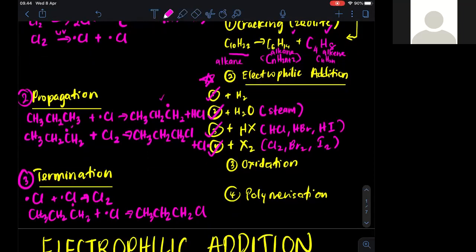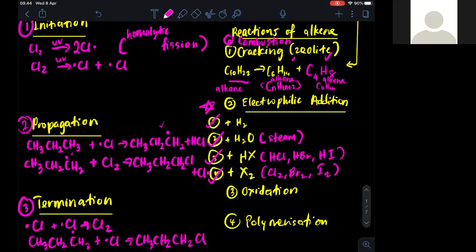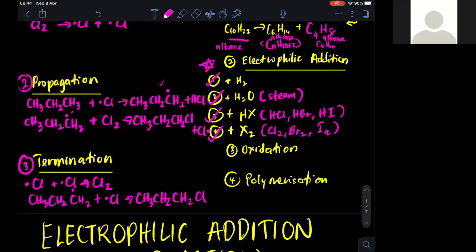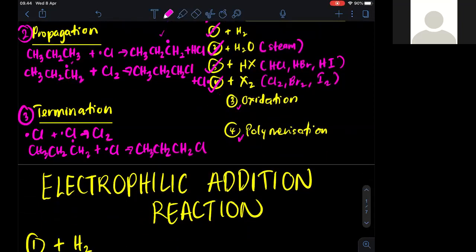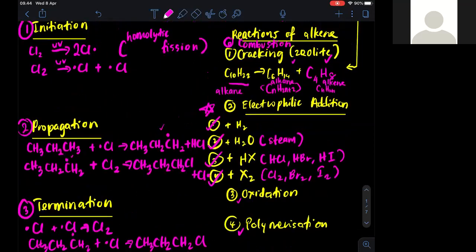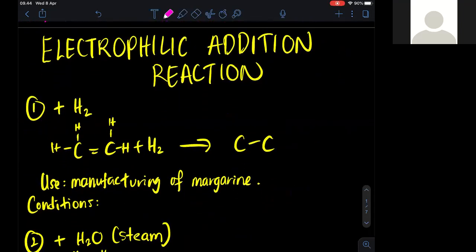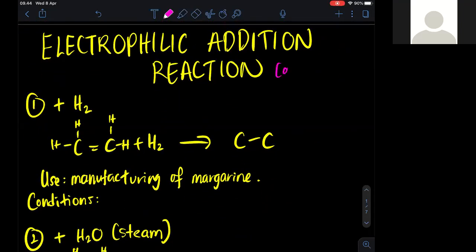Now, the other reactions, apart from combustion, cracking and electrophilic addition, we do have oxidation reaction, which we will go through again later, and polymerization. These are the reactions that we are going to learn, actually we have learned. So let's look at the electrophilic addition. This one is for alkene.